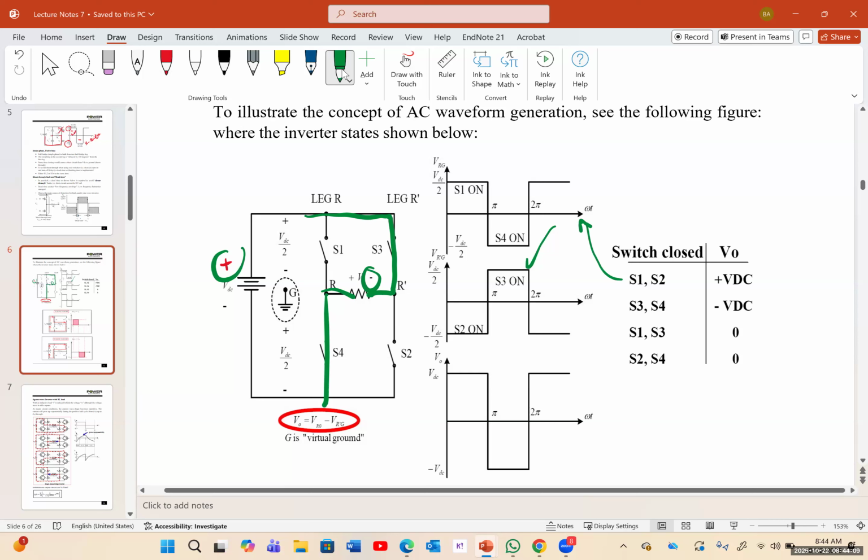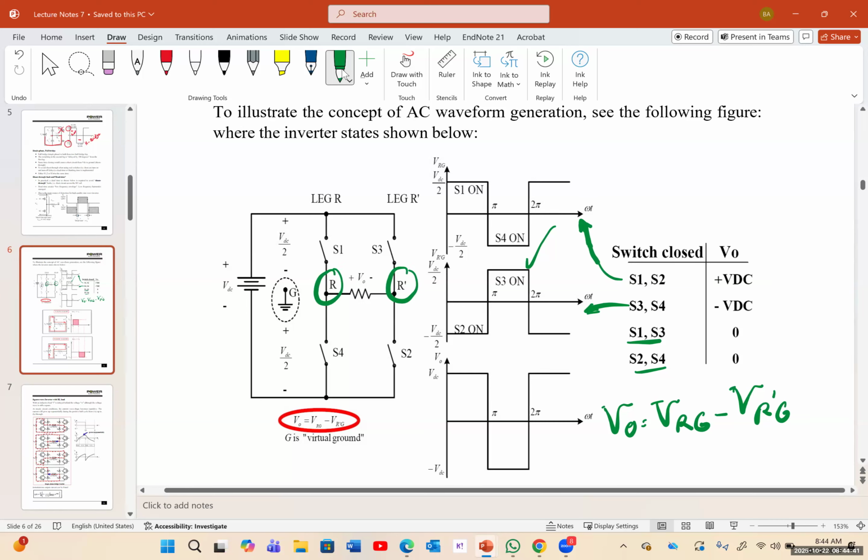So this graph is for the first one. This is for the second. And the dead time is when S1, S3 turn off and S2, S4 is also turned off. Now, what is V out? V out is equal to VRG minus VR prime G. This is the R prime point voltage, and this is the R voltage.